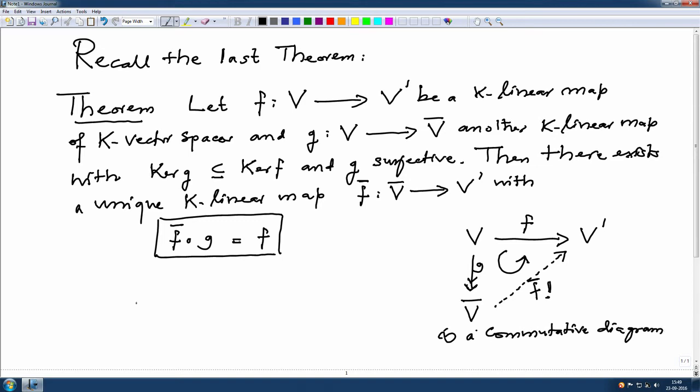And the proof was very easy. Proof was just defining F bar, which is dictated by this demand.